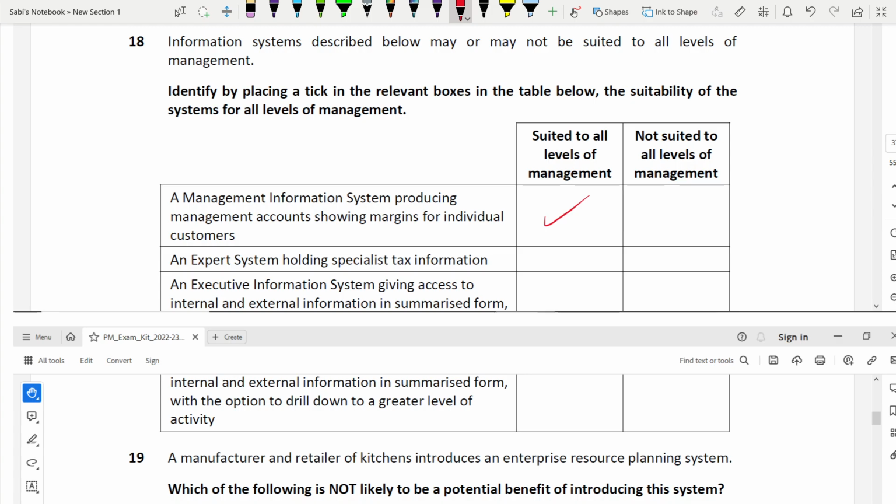Now, an expert system holding specialized tax information is suitable to all. Last one, an executive information system giving access to internal and external information in summarized form, but you can drill down to greater levels of activity, is not suitable to all levels of management. Why? It is in summarized form. It is for the strategic level of people, not all levels.